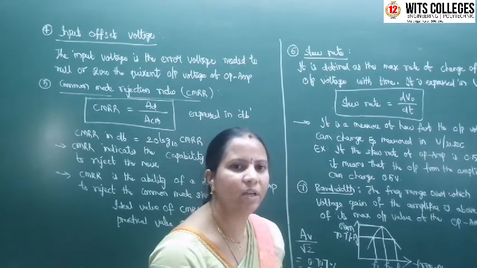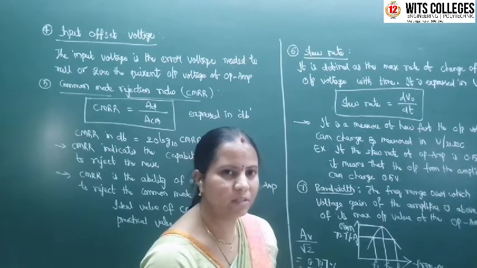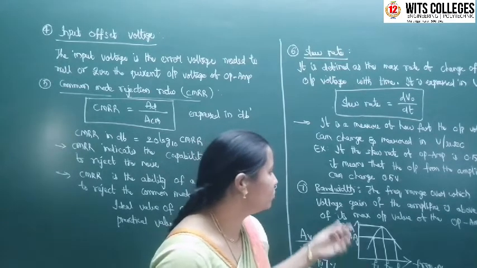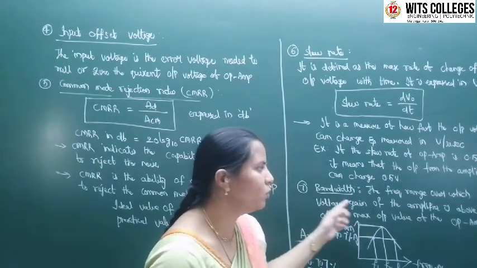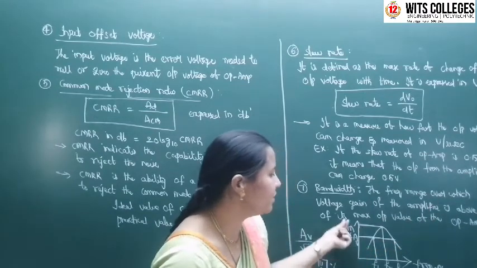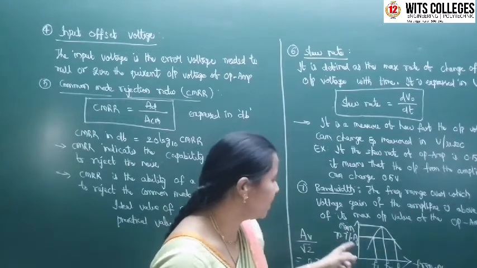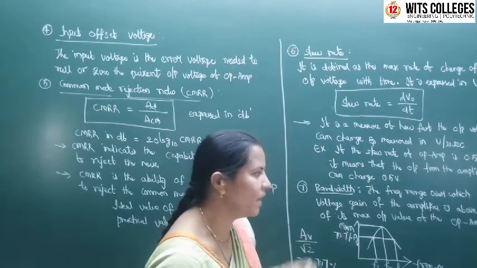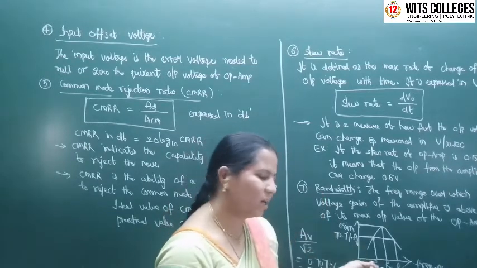The difference between the upper cutoff frequency and the lower cutoff frequency is known as bandwidth. It can also be defined as the frequency range over which the voltage gain of the amplifier is above 70.7 percent of its maximum output value. Here the maximum output value is the maximum gain of the operational amplifier. You can define bandwidth in two ways.